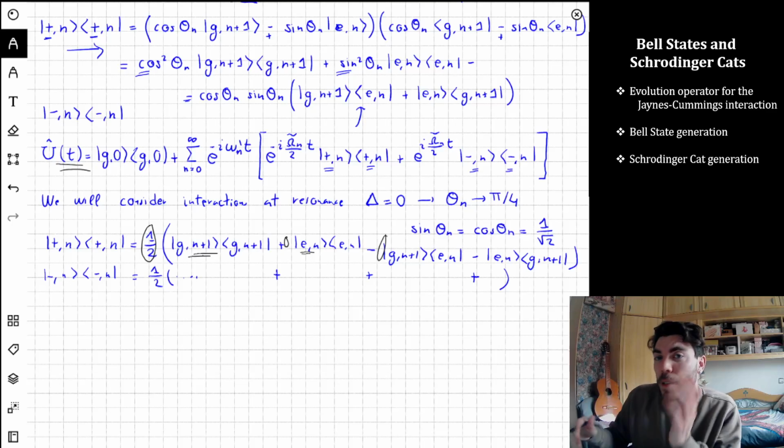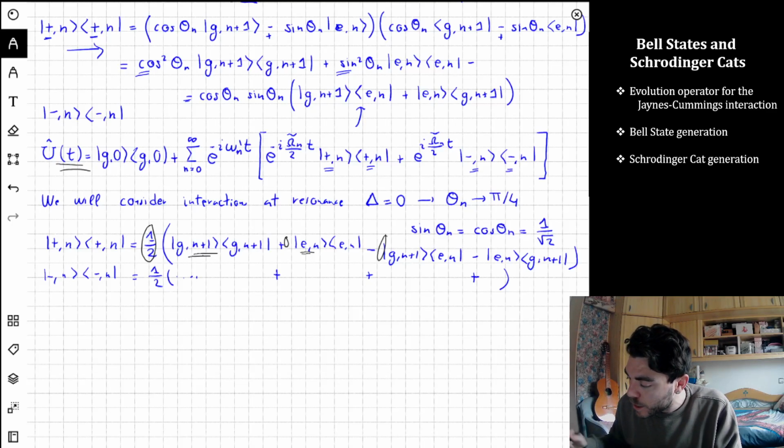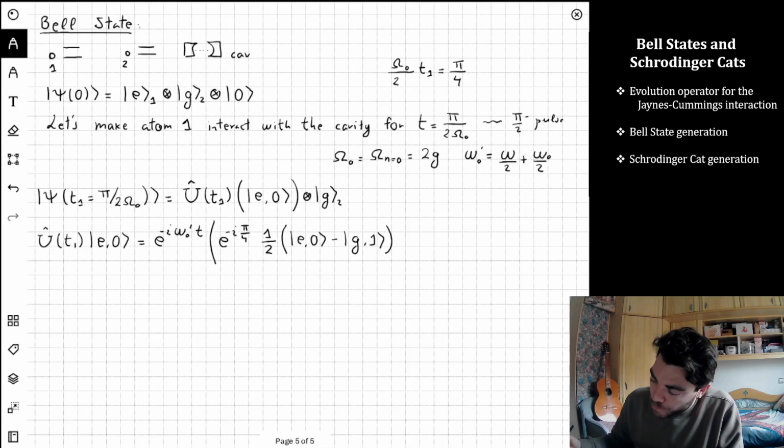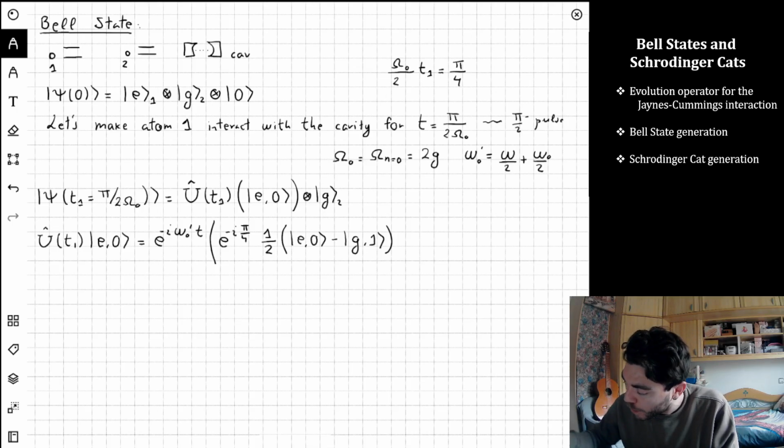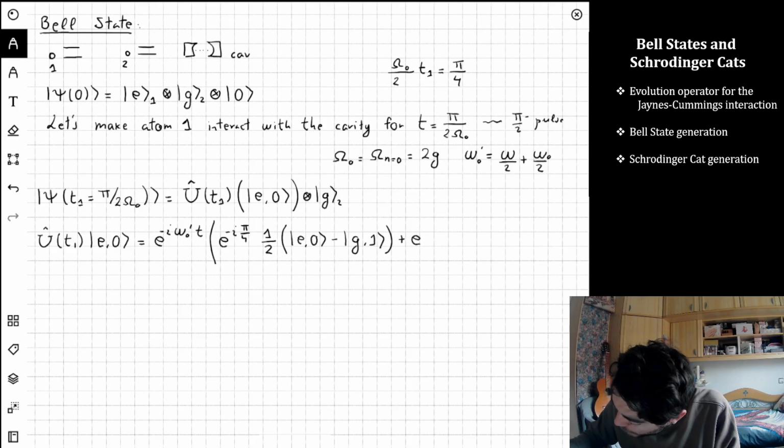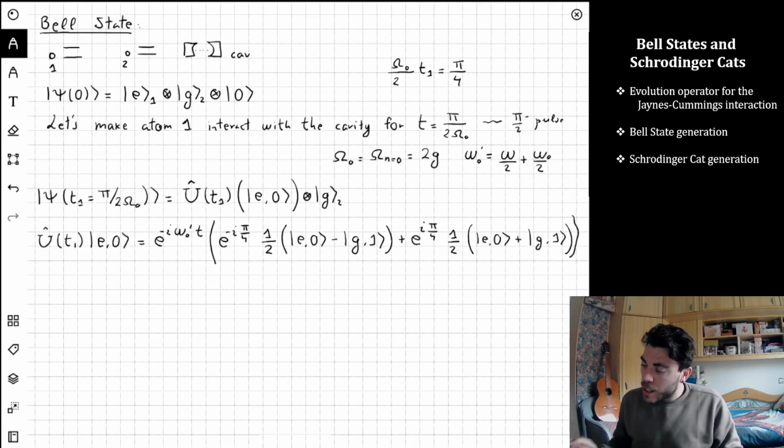This cross term is the one that is going to mix states. That's why we have this G1. It's easy to see if you follow the math. And then we will have something very similar, e to the plus i pi over 4, 1/2, and now the state that survives here, very easily, is E0 plus G1.